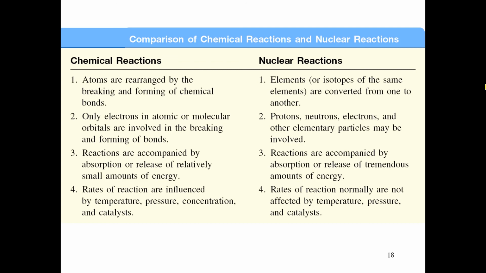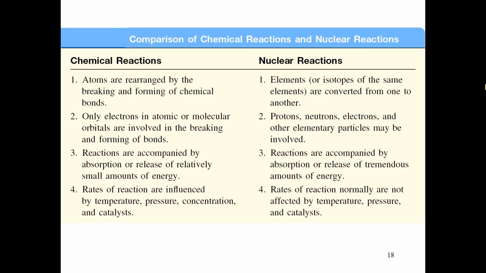Think about the more violent reactions we can study in a lab, like combustion reactions. You're talking about a few thousand kilojoules per mole of energy. Reactions of the nuclear kind are accompanied by the absorption or release of tremendous amounts of energy, millions of kilojoules per mole. We'll study that later on.